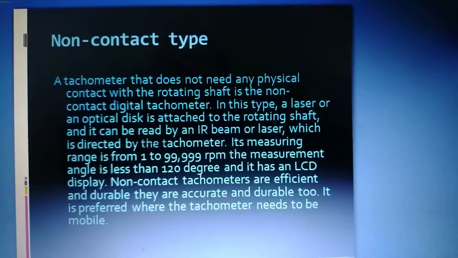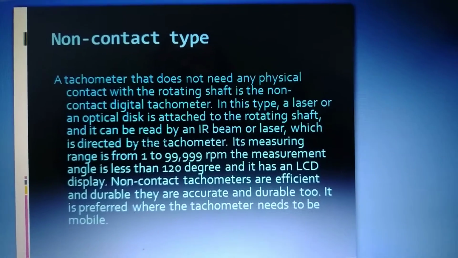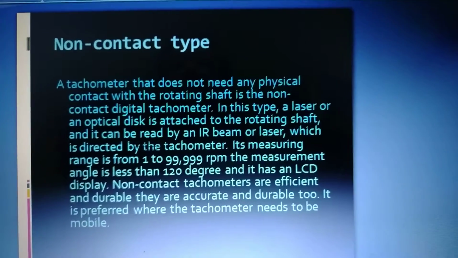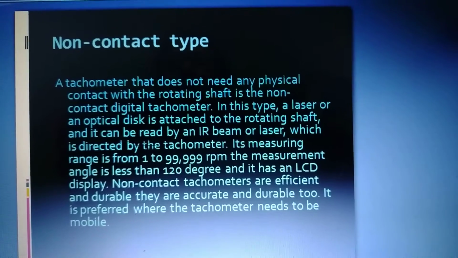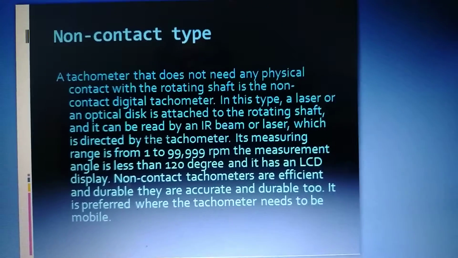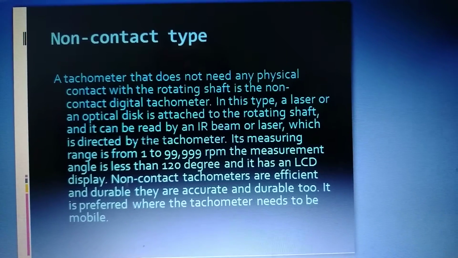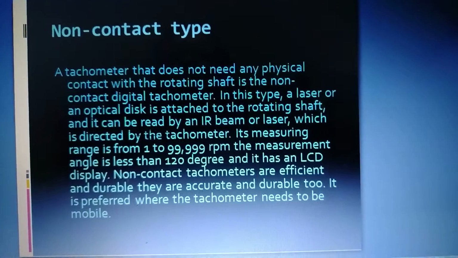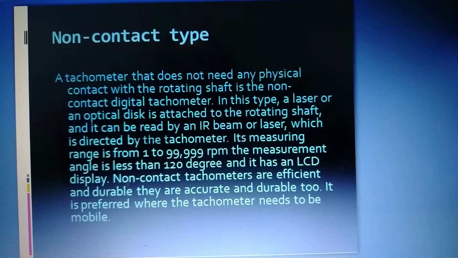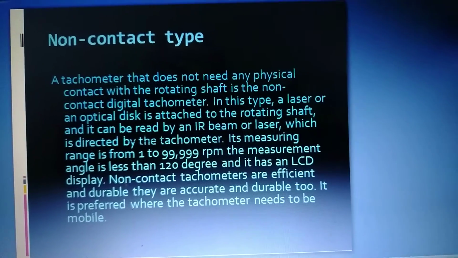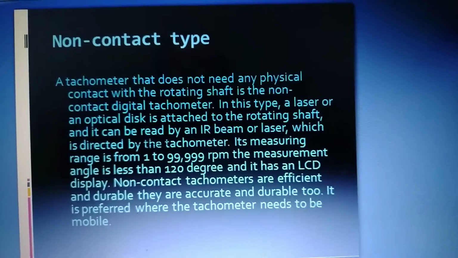A non-contact digital tachometer does not need any physical contact with the rotating shaft. In this type, a laser optical disc is attached to the rotating shaft, and it is read by an IR beam or laser beam directed by the tachometer.